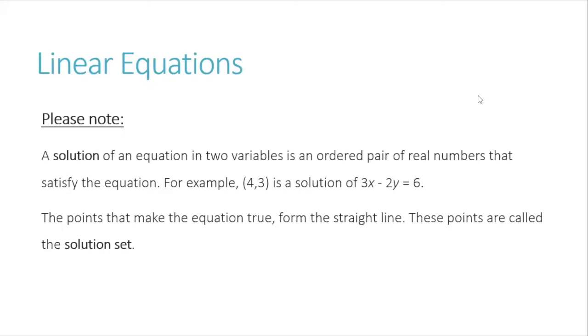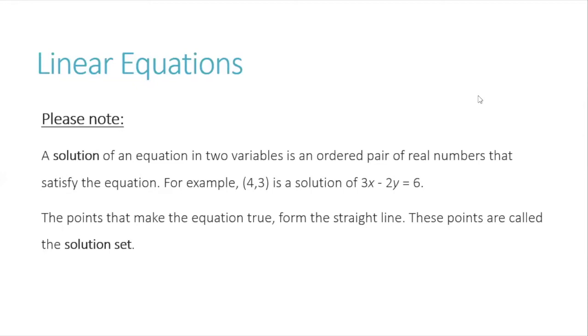For example, we have an ordered pair with the x value first and then the y value second. So with this ordered pair 4, 3, my 4 is the x value and my 3 is the y value. And so 4, 3 is a solution for this particular linear equation here.